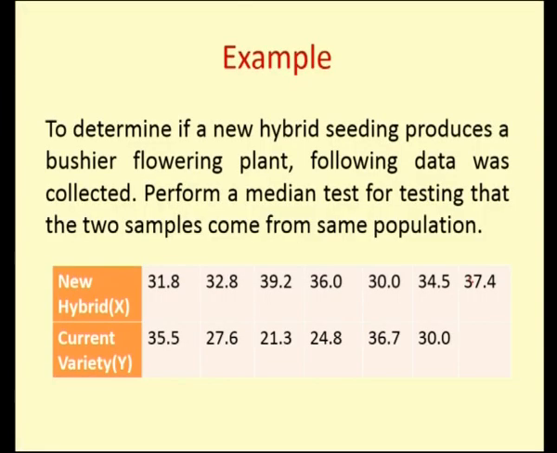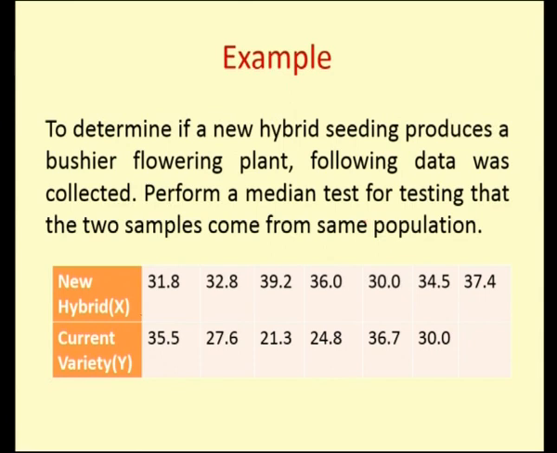Now, let us understand this concept through an example. The example we will discuss is to determine if a new hybrid seeding produces a bushier flowering plant. The following data was collected. You have to perform a median test for testing that the 2 samples come from the same population.